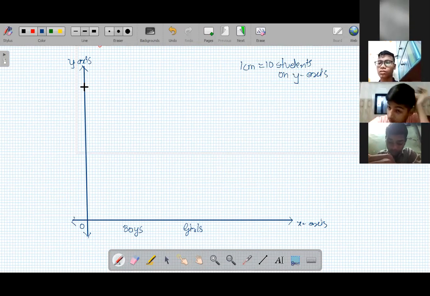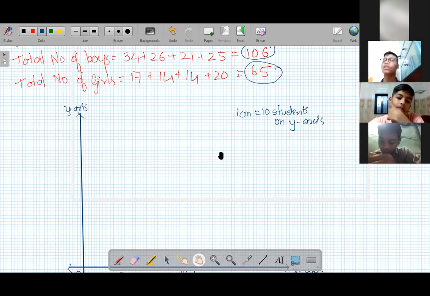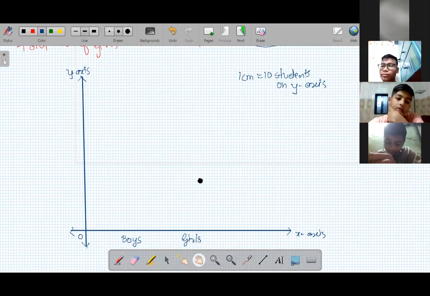So on your y-axis, on each centimeter, you write the numbers. Starting from 0, 10, 20, 30, up to the maximum, which is 106. Since the maximum is 106, we can go up to 110.